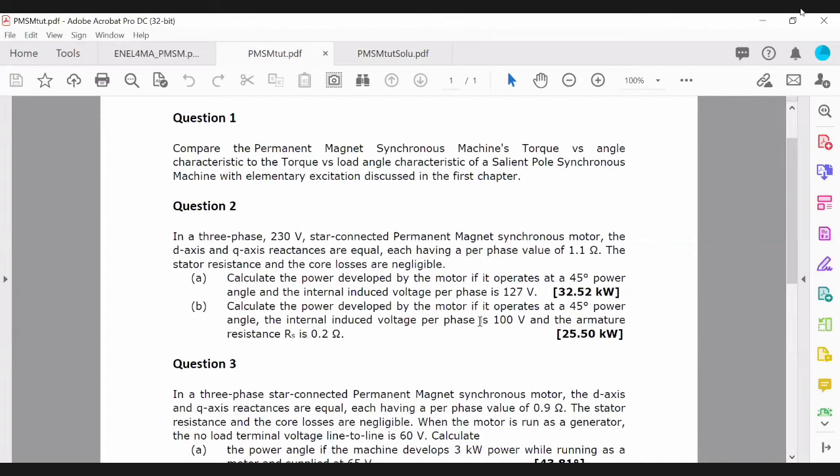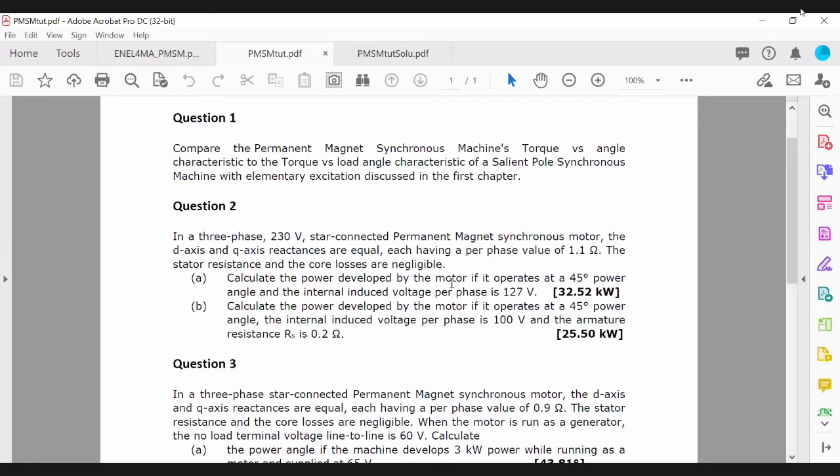Basically, they've given you that when the motor operates at 45 degrees power angle, the internal induced voltage is 127 volts per phase.